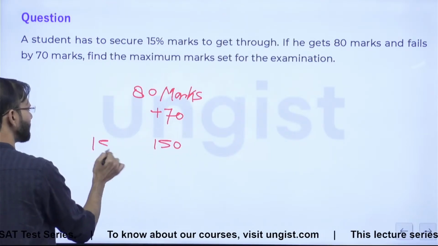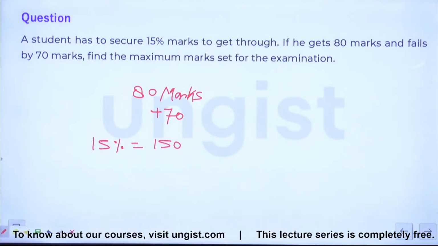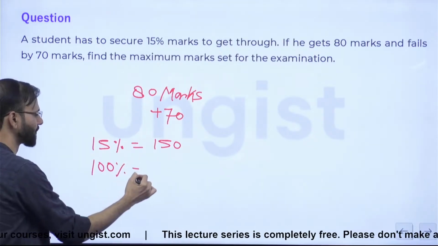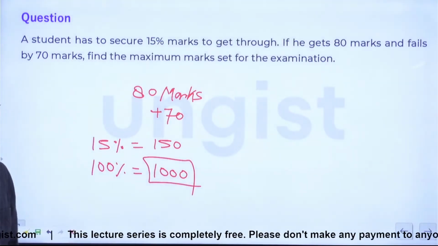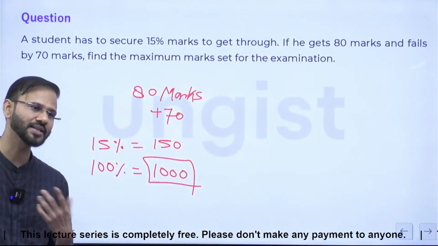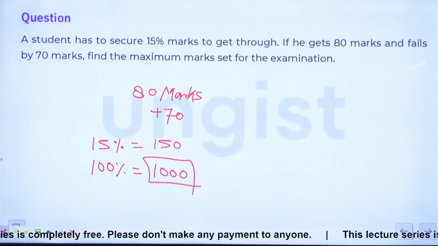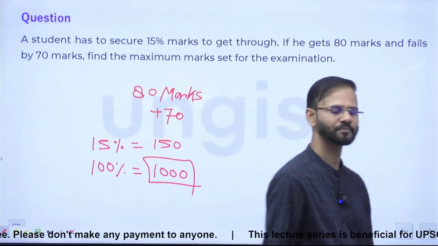And question is saying 15% of the maximum marks are the passing marks. So 15% of the maximum is equal to 150. Then 100% will be what? This is 10 times, right? 1000 is the answer. So maximum marks are 1000 for the examination. Is it clear, everyone? Fine.